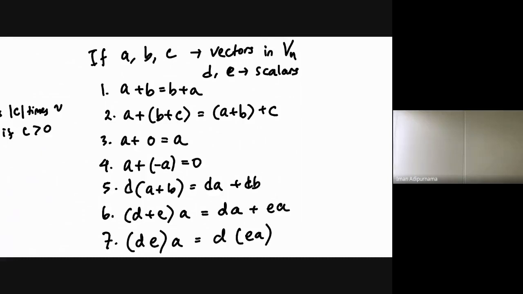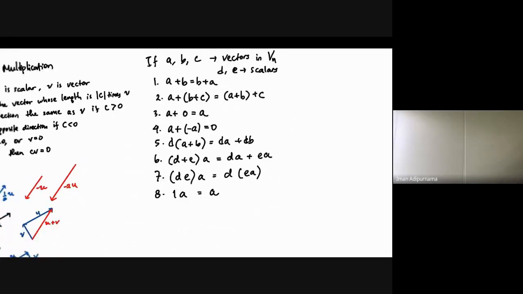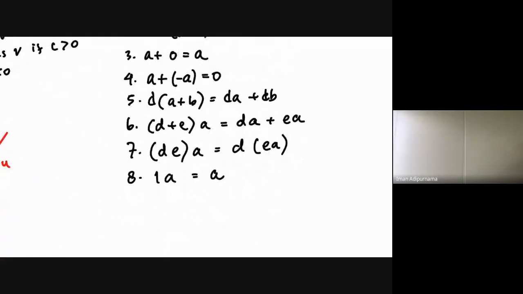So I think intuitively in math, it's also similar. But the difference is in every vector, you will have components x, y, or x, y, z. Okay. Okay, this is the properties of vectors.